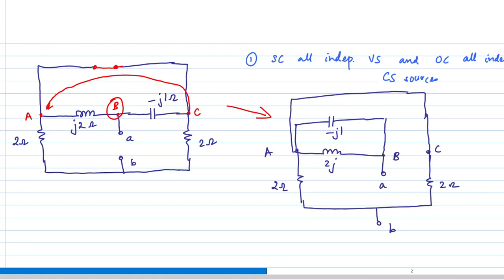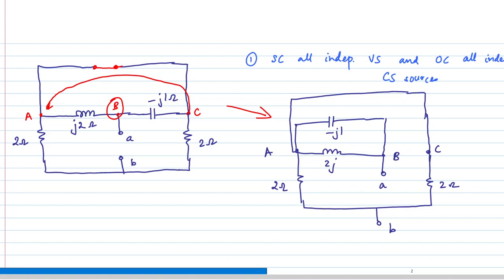I have just transferred the other end of the capacitor to point A. There is no change in any other point in the circuit, just because A and C are shorted points. If I transfer the connection at the C end to the A end, no change is going to happen. Now we can see that minus j1 and 2j are connected in parallel.